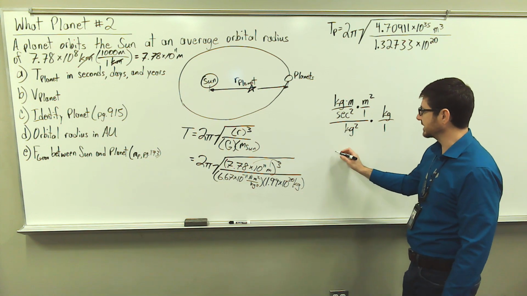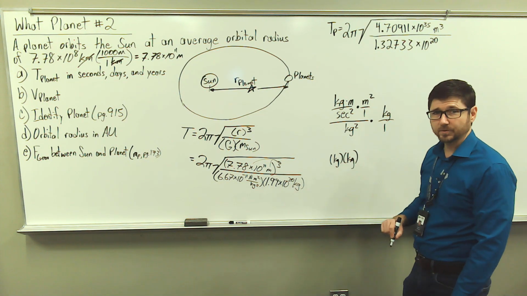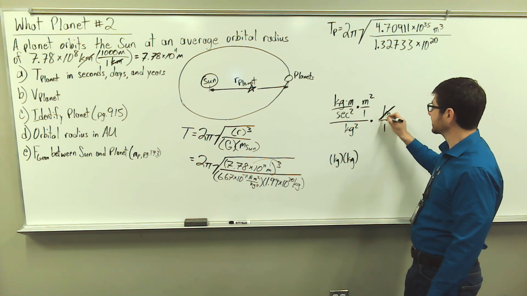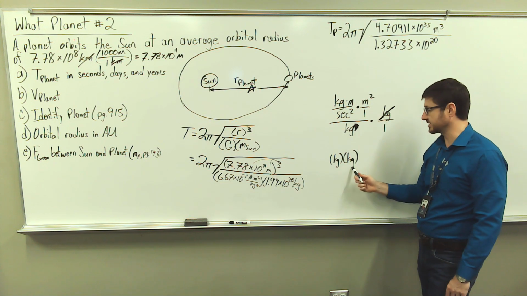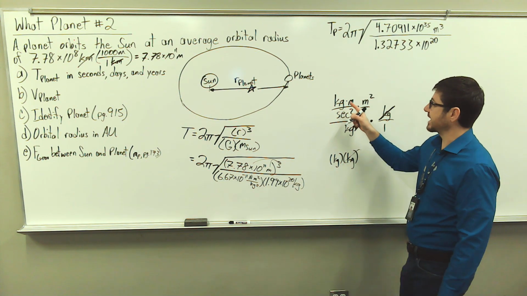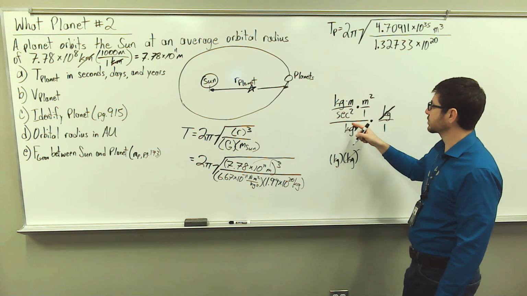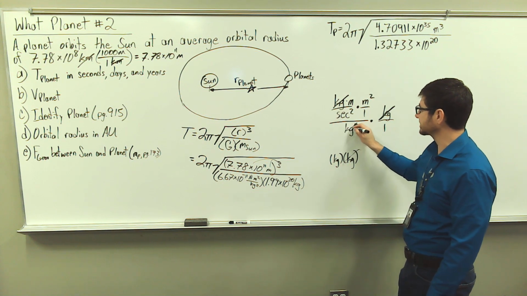Okay, so you know a kilogram squared is kilograms times kilograms. Okay, one of these kilograms will cancel. Okay, so it's like this kilogram canceling with this kilogram. So we have 1 kilogram left. So I have kilogram meters per second squared times meters squared in my numerator. This kilogram will cancel.